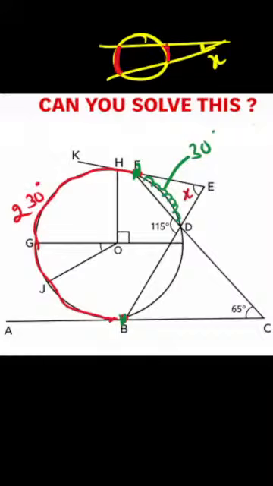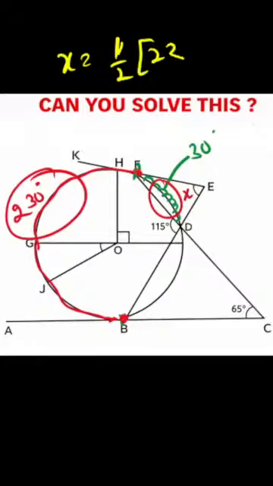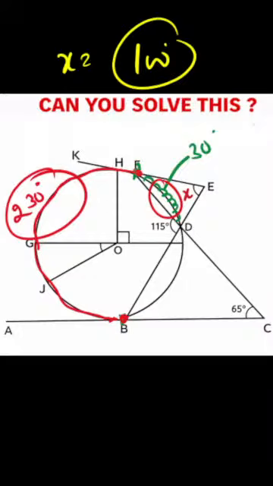These are the intercepted arcs. So for this x, intercepted arcs are 230 and 30. So x is going to be how much? X is going to be half of 230 minus 30, which is 200 divided by 2. So this is going to give you 100 as your answer.